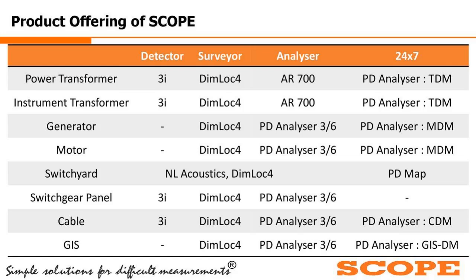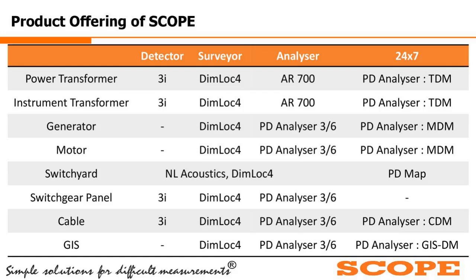Now for GIS, we have got surveyor tool, DIM block 4. We don't exactly require a detector, because when you are going with GIS, generally the solutions that people ask for are the high-end solutions, because GIS is quite critical in that term. So you have got PD analyzer, 3 channel, 6 channel, with either UHF sensors already embedded or the external sensors that are provided with the kits.